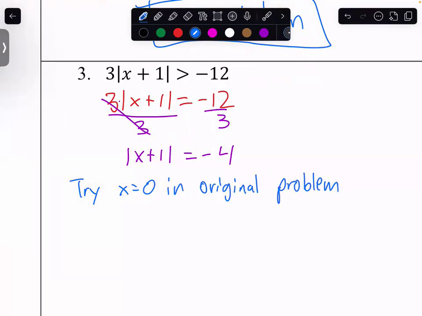Okay, so again, if your two options are no answer or every number from negative infinity to infinity, you just need to check if one number works, right? If this number works, the answer can't be none, then it must be everything. Okay, so we're going to go back to the original problem and try plugging in 0.